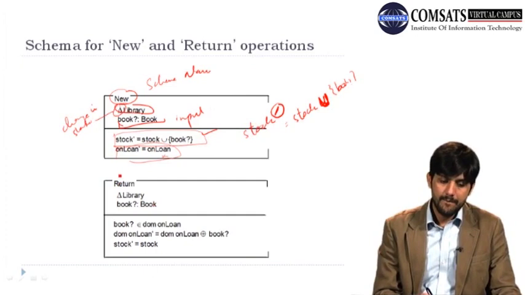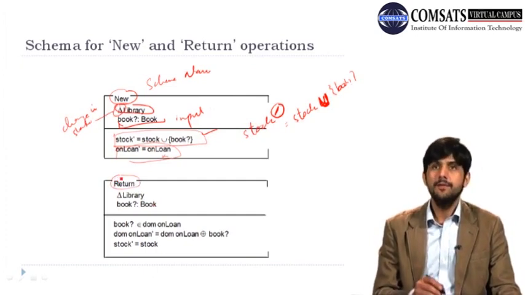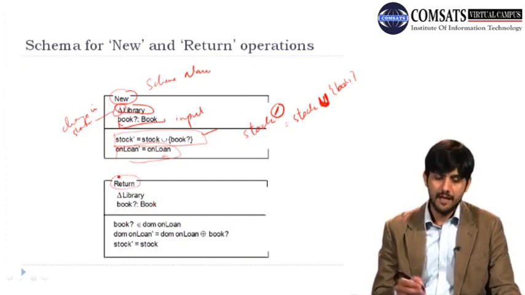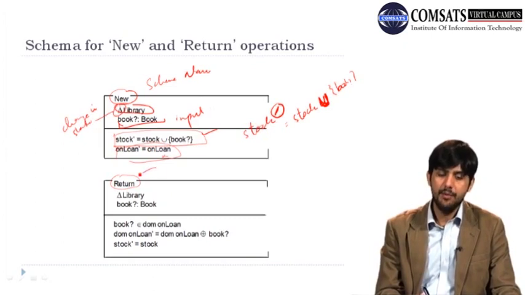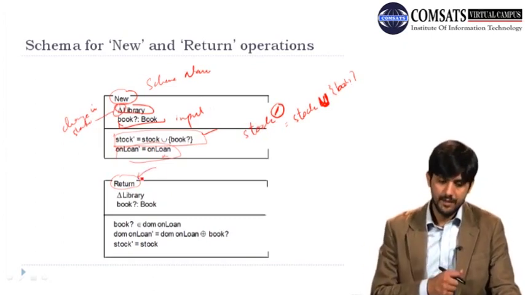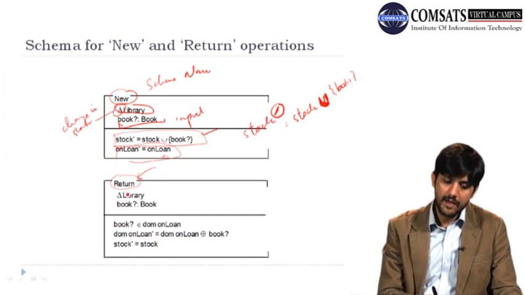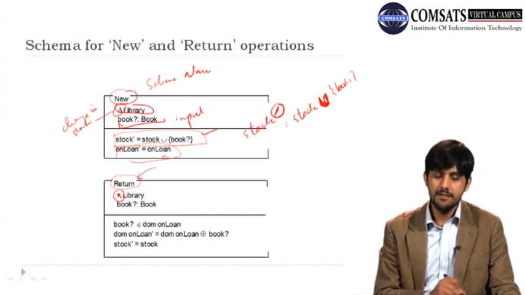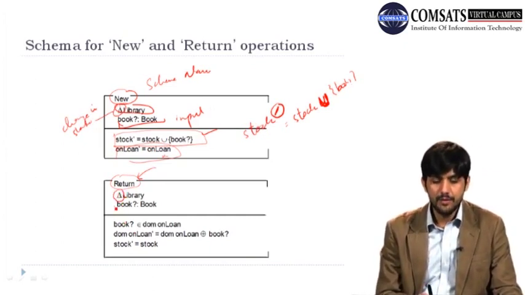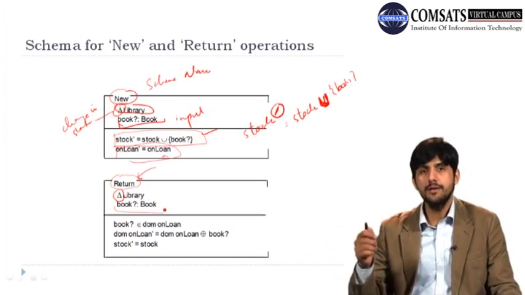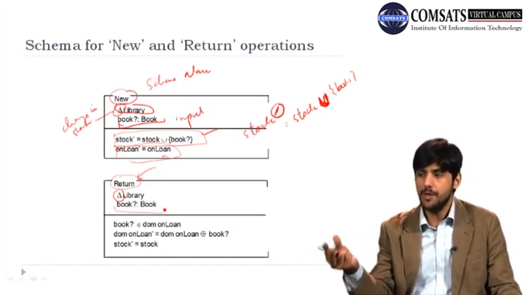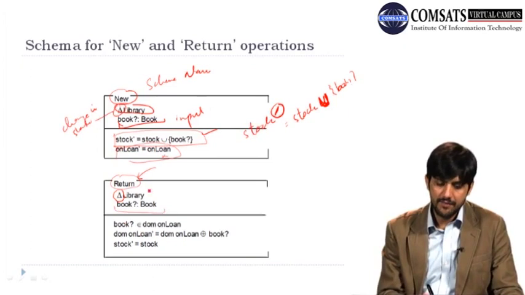Then there is another procedure when you're looking at this library. You have this return, that a book can be returned by a user. So again, we have this change in the state of the system, and we have an input that somebody comes to return a book. Then the book ID is important, or what book is being returned. So we have this input.